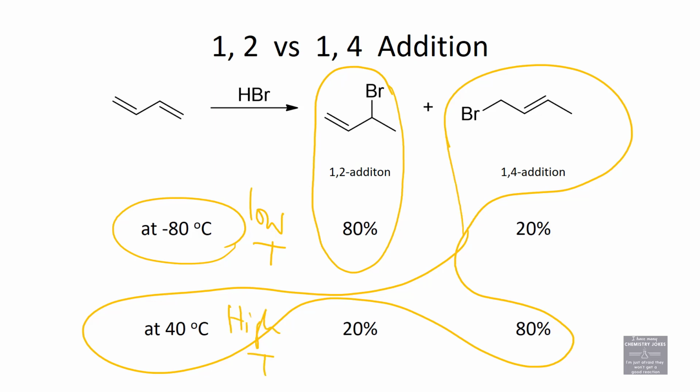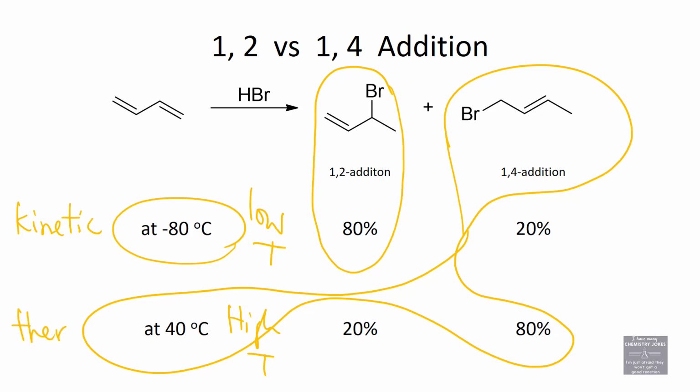So to a chemist, we start talking about kinetics and thermodynamics when we start talking about low temperatures and high temperatures, and we start seeing reaction coordinate diagrams in our head. I know not everybody's like that, but yeah. This low temperature, that's going to be a kinetic product. The high temperature, 40 degrees is not that high, but it's certainly higher than negative 80.